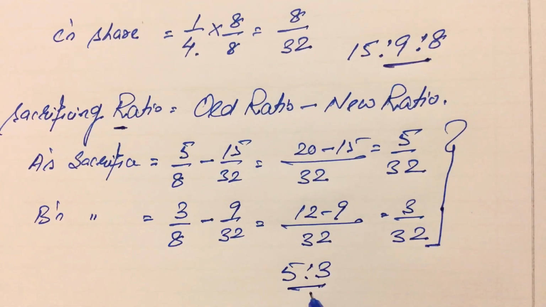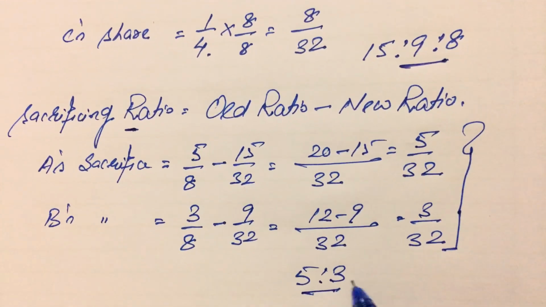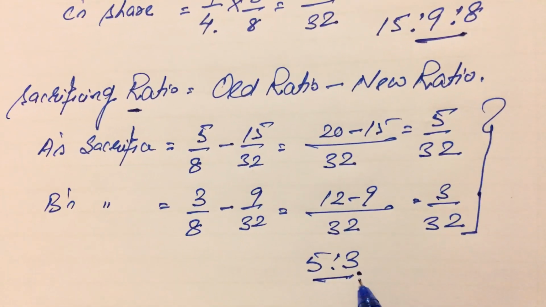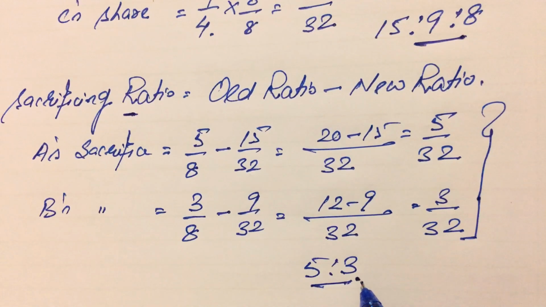Now, if you observe, in this case the sacrificing ratio of the old partners is equal to their old profit sharing ratio.